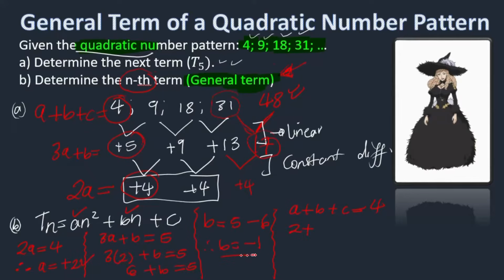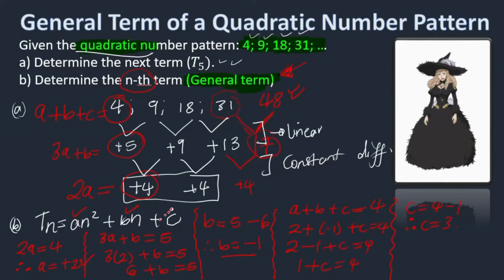And we just found B now, which is negative 1. Plus C, this is equal to 4. So which means we have 2 minus 1 plus C is equal to 4. And then which means I have 1 plus C is equal to 4. This means C is equal to 4 minus 1. Therefore, my C is equal to 3.